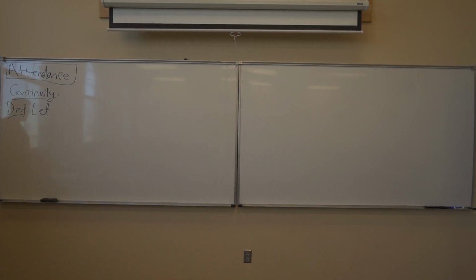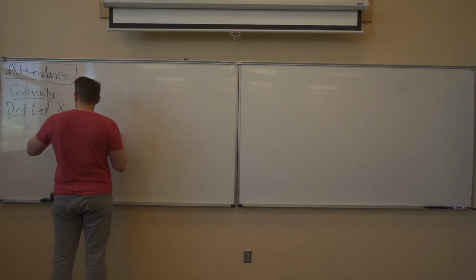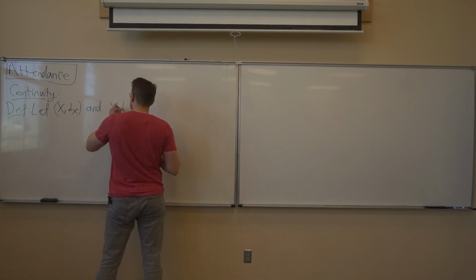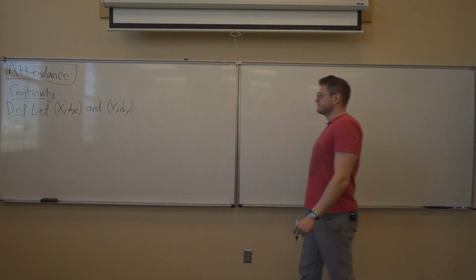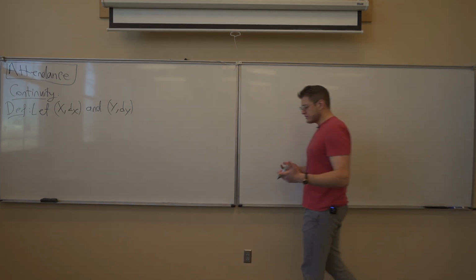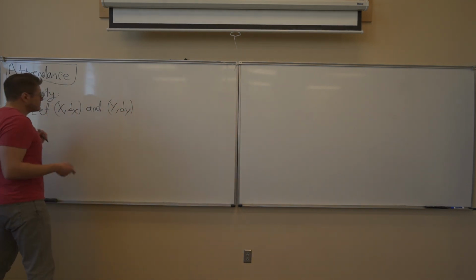I'm going to give the more general definition that is applicable for metric spaces. So let x and y be two metric spaces. Okay, so x is a set, and on it there's this function that we defined called the metric.